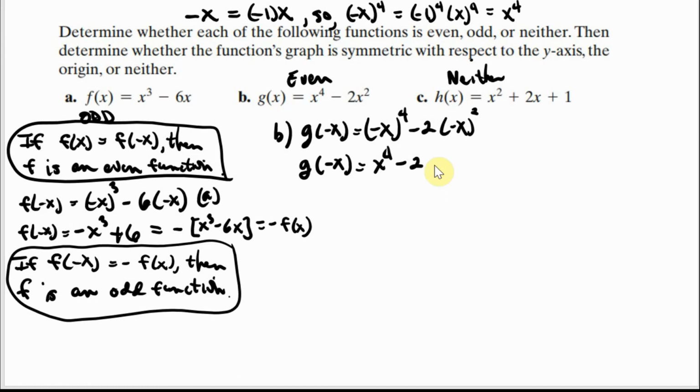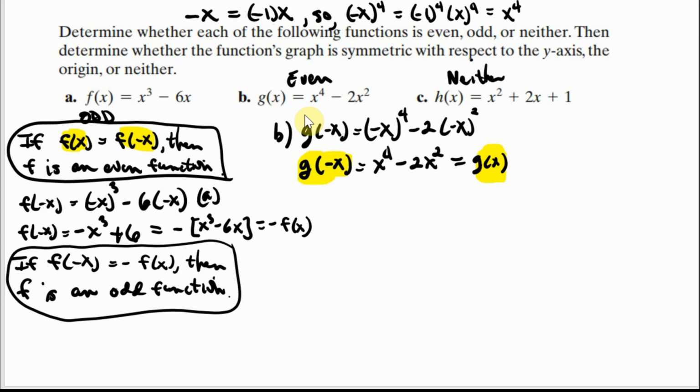So this is just x squared. But this guy ends up being the original function, g of x. So if I have g of x equal to g of negative x, well, let's look. If I have f of x equal to f of negative x, then the function is even. Right? That's what happened for part B.